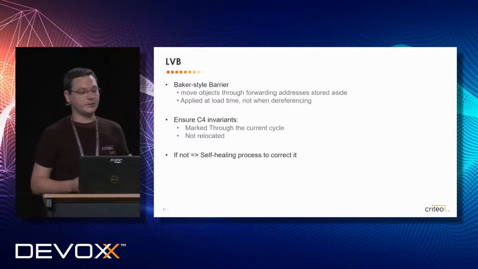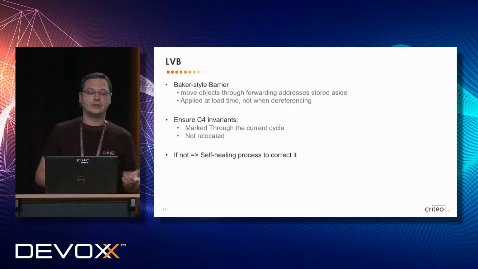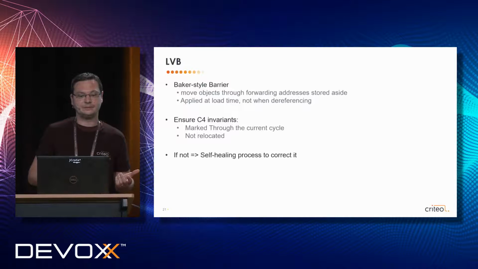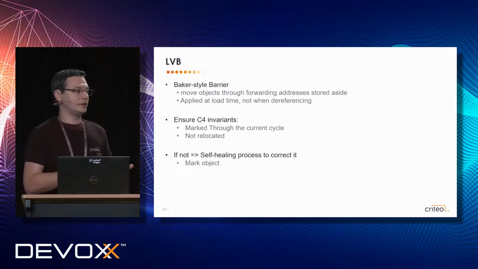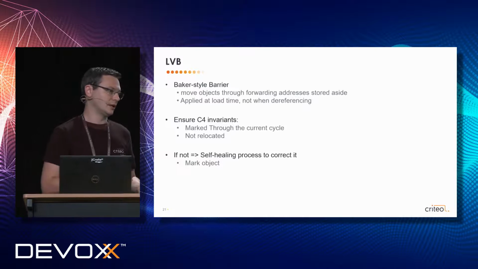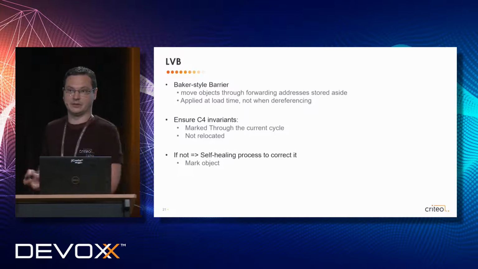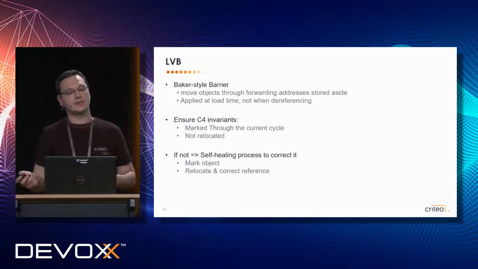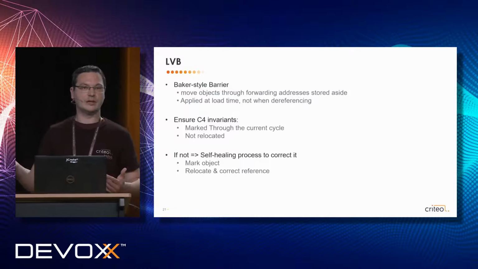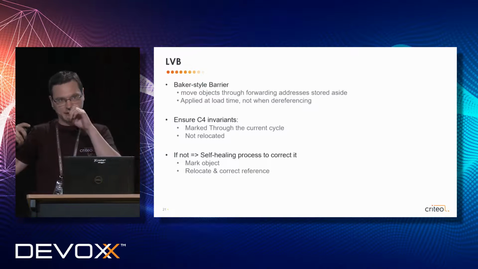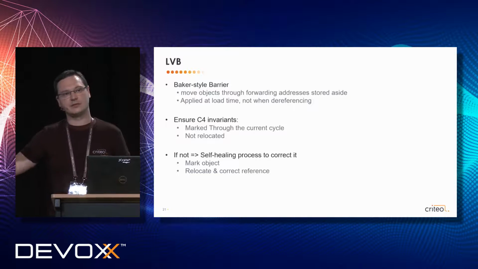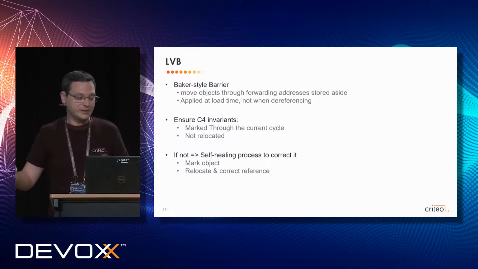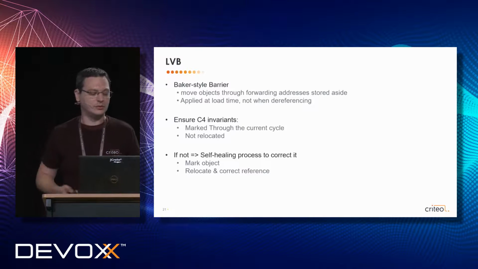So if those invariants are broken, we start a self-healing process to correct this. If the object is not marked, we mark this object because it's live, because we access this object. And otherwise, we relocate this object that needs to be relocated and correct the reference, so that if we need to reaccess this object just after, it will be fixed and we can access the new location.